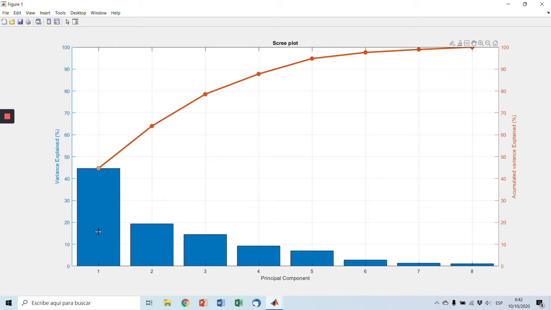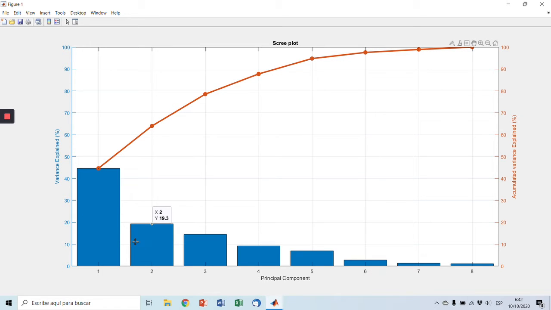So we have a first component that accounts for 45% of the variability. Then we have a second one with 20, another one with 15, another one with 10. And if you have 8 variables, you will have 8 principal components.